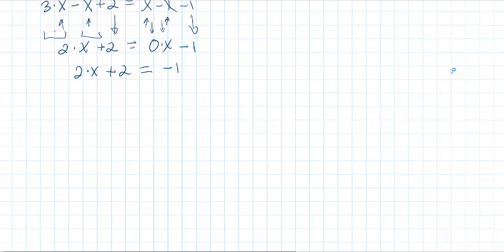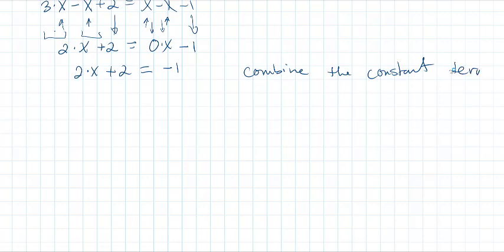Now our next step will be to try to group or combine the constant terms, right? Because they are also on both sides of the equality. So in order to do that, we would like to move this plus 2 here.